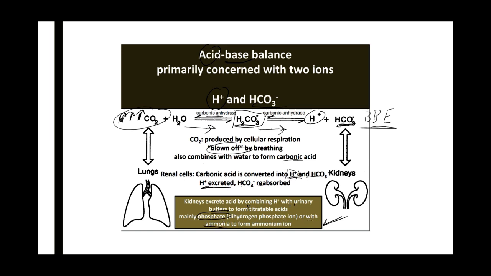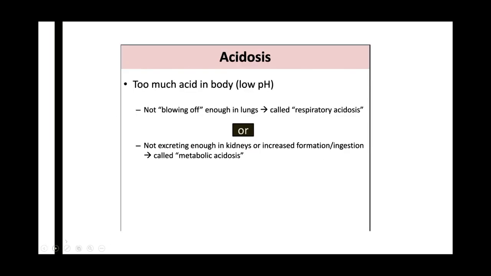Or it's combined with ammonia to form ammonium ion, and only in that form can it be peed out. This is a good thing because we definitely want a way to get rid of nitrogenous waste products like ammonium, so a good way is to combine it with hydrogen. Okay, so that's what happens normally.